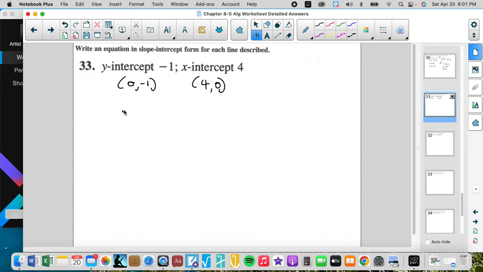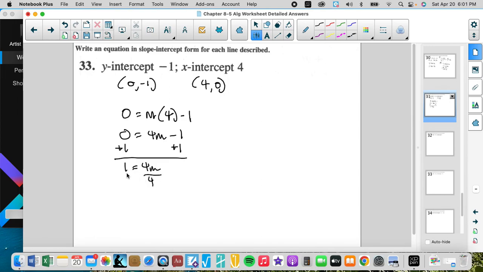I'm going to put my y value in equals my slope, which I don't know, mx plus b, or minus 1. So I'm going to do it in this fashion. Equals 4m minus 1. We're going to add 1. We have 4m. We divide by 4, divide by 4. So 1/4 equals my slope.